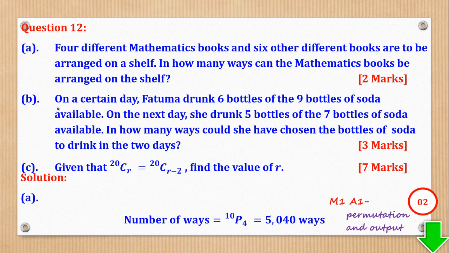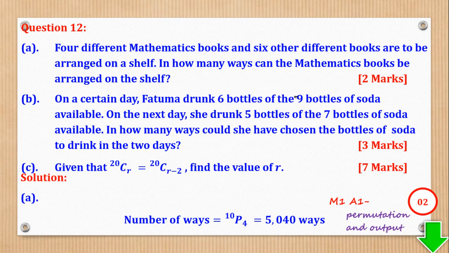Then part B, on a certain day, Fatuma drank 6 bottles of the 9 bottles of soda available. Then on the other day, she drank 5 bottles of the 7 bottles of soda available. In how many ways could she have chosen the bottles of soda to drink in the 2 days?